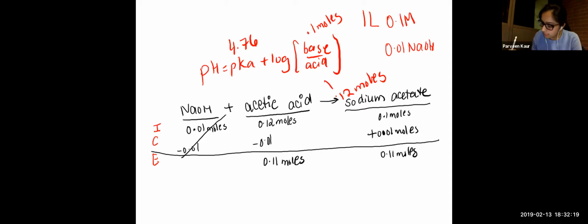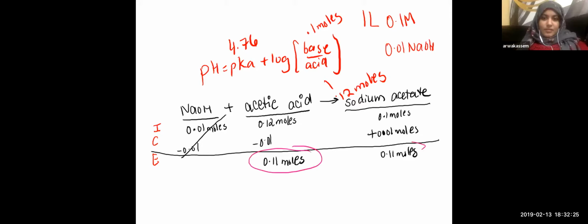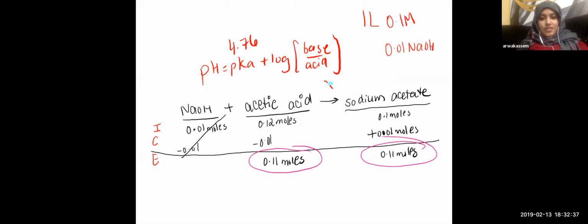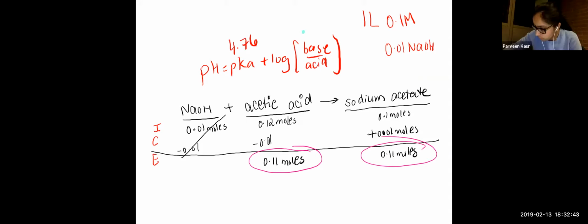Then we plug these numbers into the Henderson-Hasselbalch equation: 4.76 plus the log of 0.11 over 0.11.